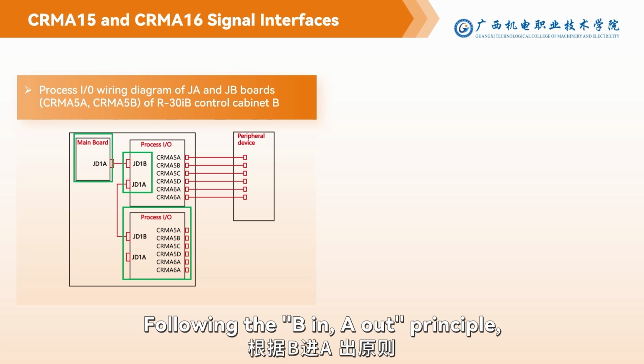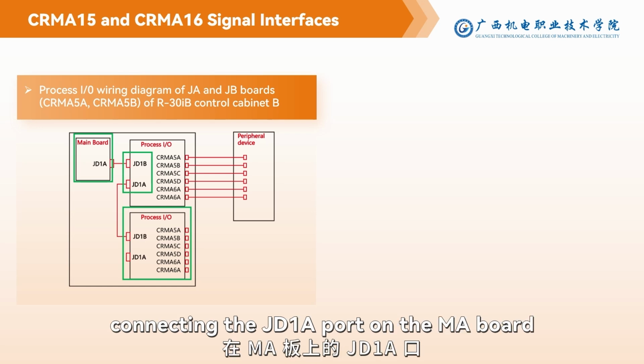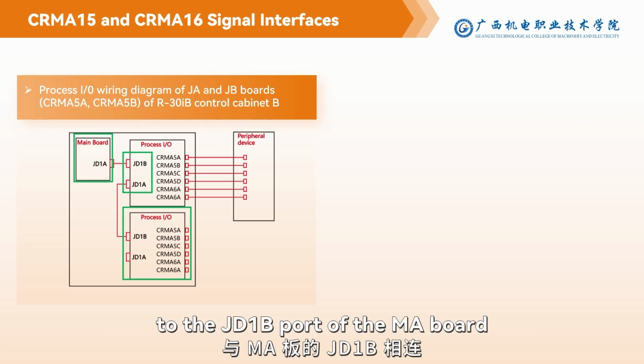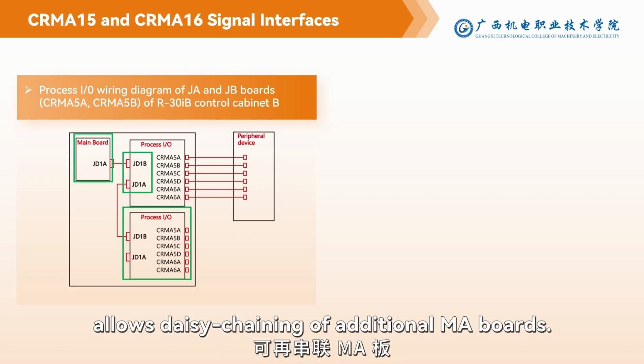Following the B in A out principle, connecting the GD1A port on the MA board to the GD1B port of the MA board allows daisy chaining of additional MB boards.